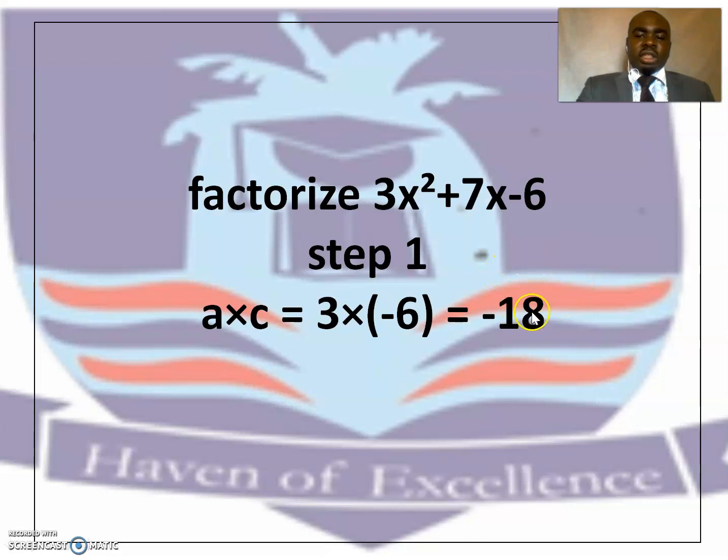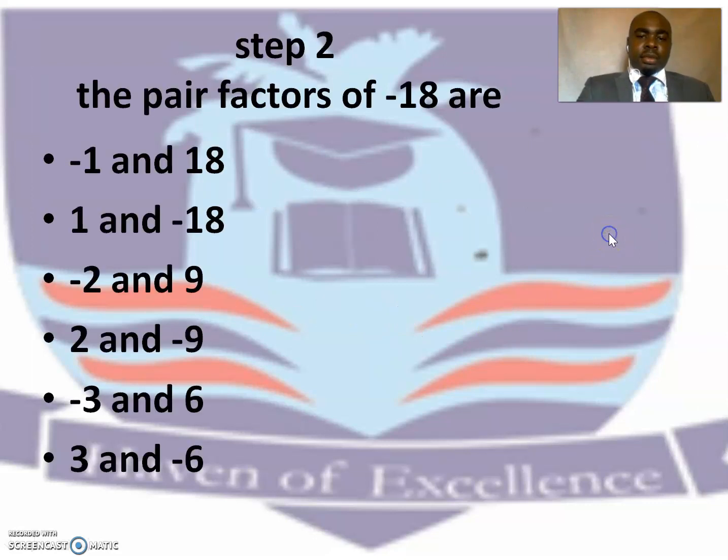After getting minus 18, what do we do next? We have to find all the factors of minus 18. Every whole number that multiplies to give us minus 18, we'll identify them and pair them up. So these are the numbers that will multiply to give us minus 18.